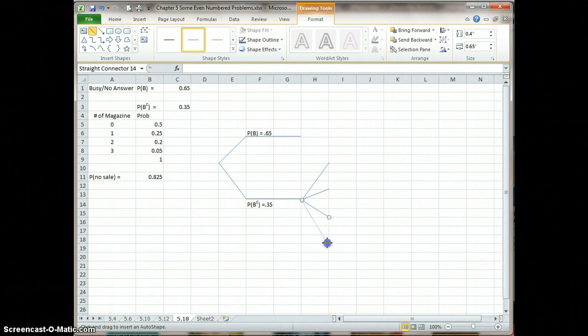And lastly, I'll put the fourth one down here. And then I'll add in some straight lines. So as I go over it, again, just click on line again. Almost done with it.